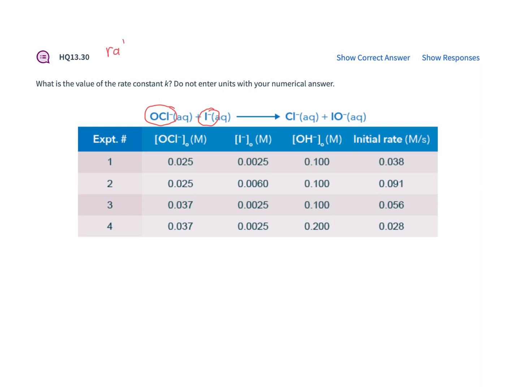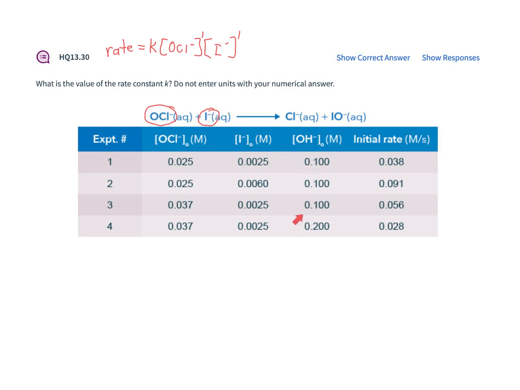So far, our rate law looks like rate equals our rate constant times the concentration of hypochlorite times the concentration of iodide, to the first and the first. But if we look at this information, and this is where a few of you are getting stuck, they also list hydroxide, but we don't see hydroxide in the reaction.